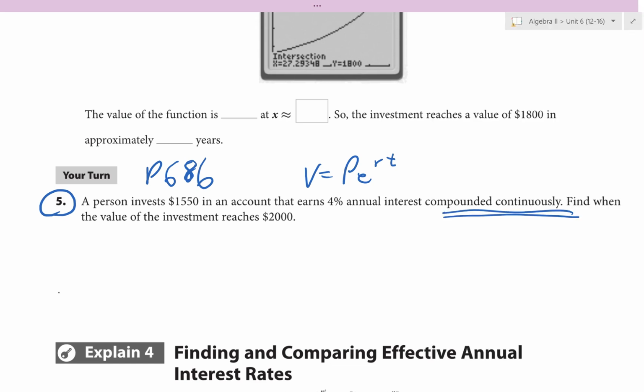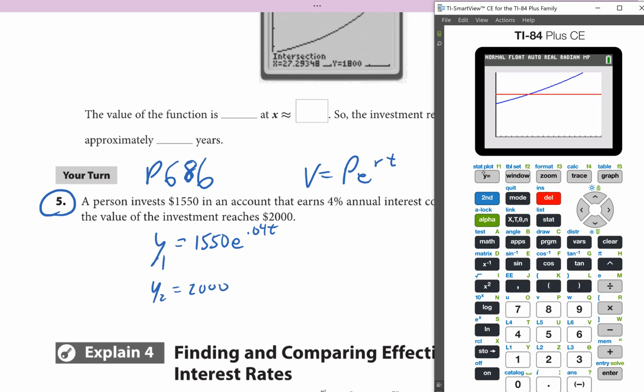So we have y equals 1550 e to the 0.04t, and we'll call that y1, and y2 is equal to 2000. So when you put those both in the calculator, there it is, 1550 e to the 0.04x and 2000.